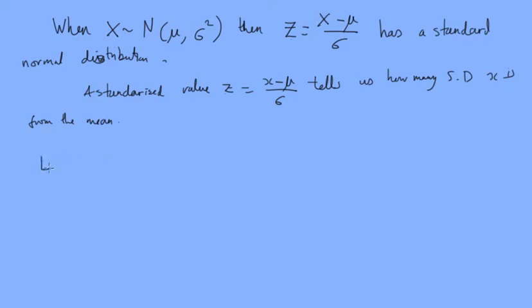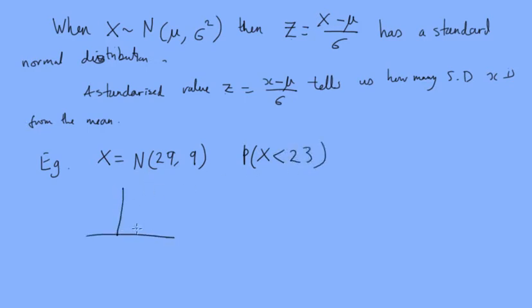So, for example, say we had x is normal distribution of mean 29 and variance 9, then the probability that x is less than 23, so if we think about, here's our normal distribution, and here is our mean of 29, here is our 23 here, and so we're looking at this probability.